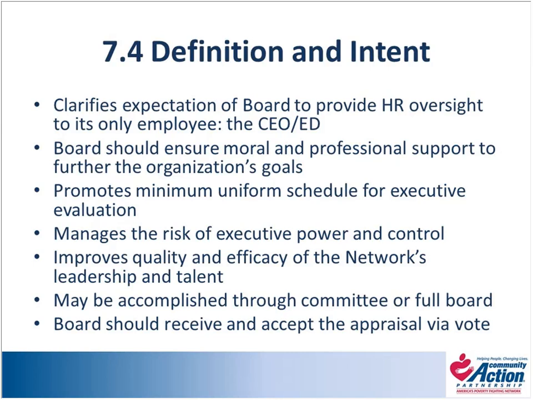It promotes a minimum uniform schedule for the executive evaluation, making sure it's done on a yearly basis. It manages the risk of executive power and control, balancing the responsibilities of the board and the executive director and how they are different. And it also improves the quality and efficacy of the network's leadership and talent. This could be accomplished through a committee or by the full board.